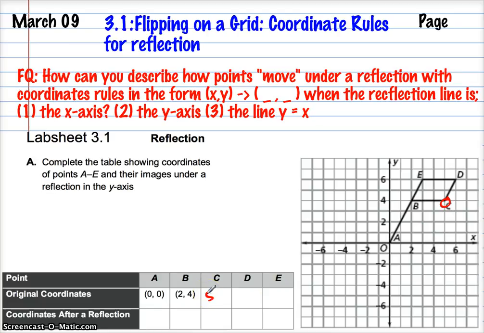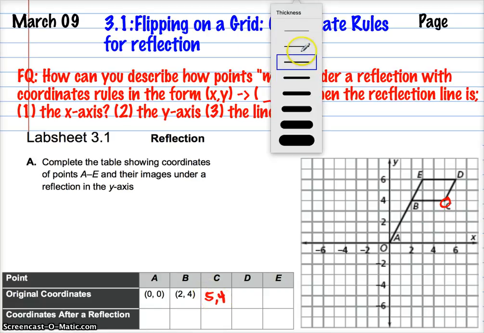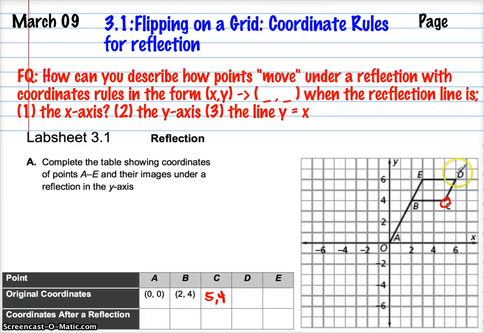Point D is over here, which is (6, 6), and I should have parentheses here. And the last point is E, which is (3, 6). So those are my 3 points that are given to me.